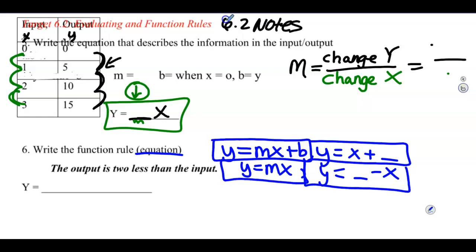So when I read this, we know that the output is, that's our y equals. I gave that to you on every single one. Next, we have to look at the next words. 2 less than. And remember, I told you guys, and on your note sheets, this is the special case.